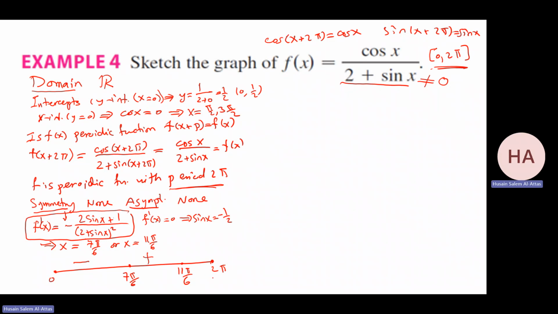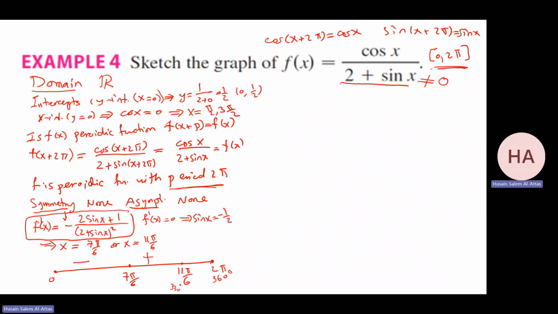Here, one way to check it: this is 360. This is 11 pi over 6. I know pi over 6 is 30, so that's 330. So if we take a value, I know that sine 360 is 0 and sine 330 is minus half. So it will be a value between minus half and 0.